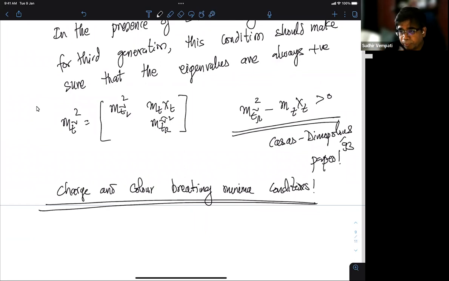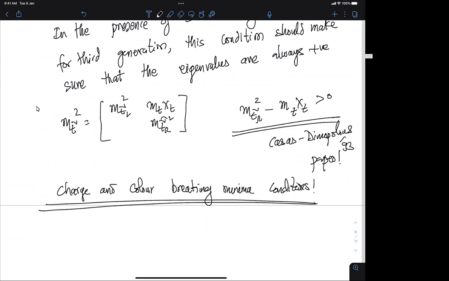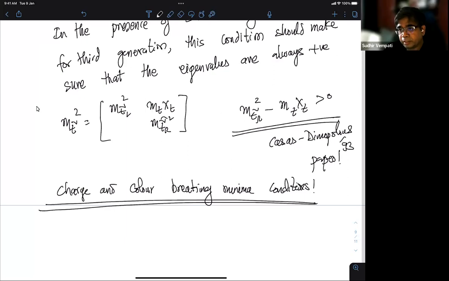That should not happen. It should not be a metastable minima, and it should not be a stable minima. Otherwise, you are breaking color and charge.